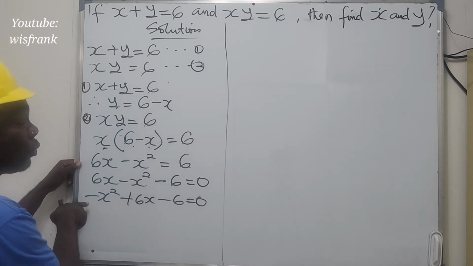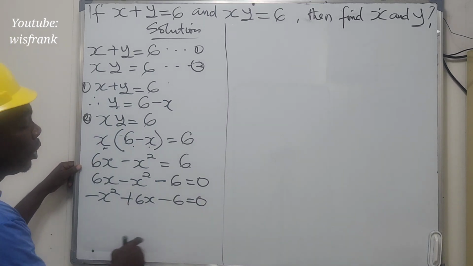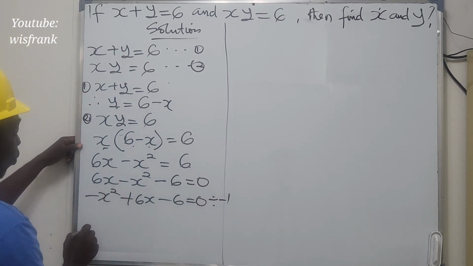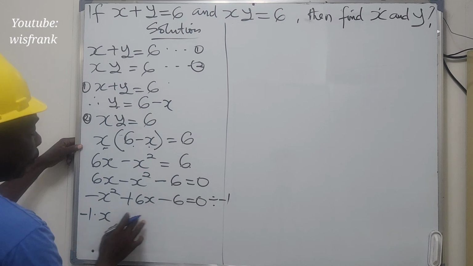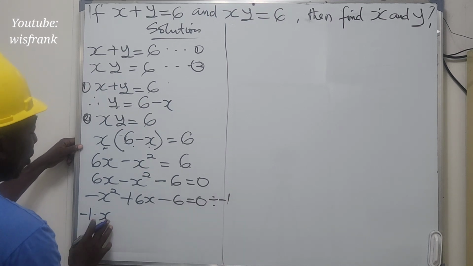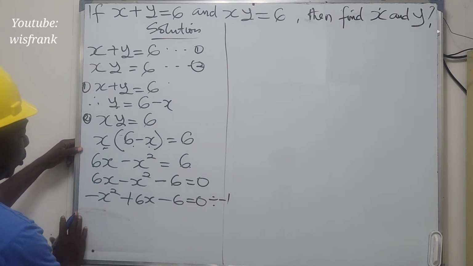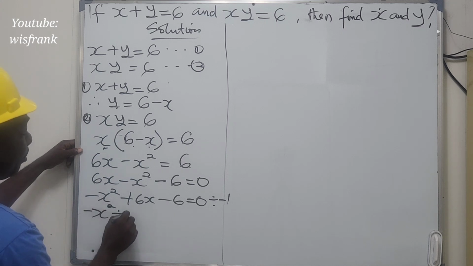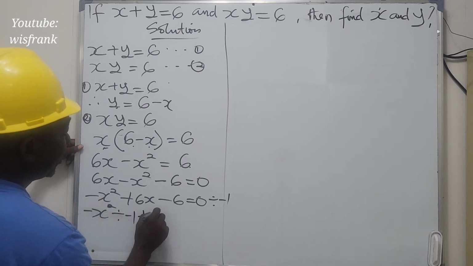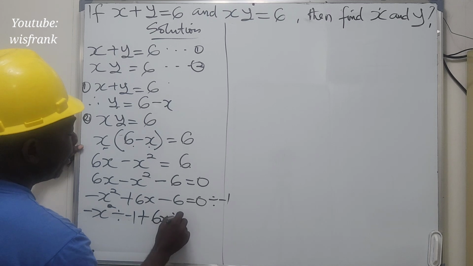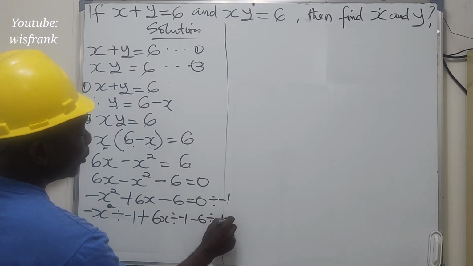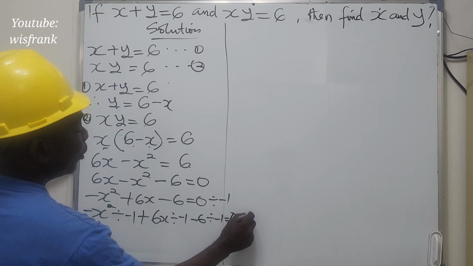So from here, for us to clear this negative sign, we need to divide all through by minus 1. So this will become minus x to the power of 2 divided by minus 1, then plus 6x divided by minus 1, then minus 6 divided by minus 1 equals 0 divided by minus 1.